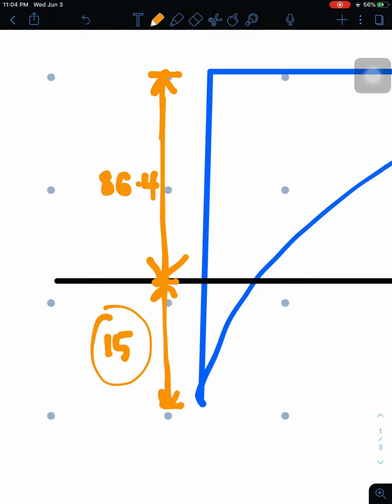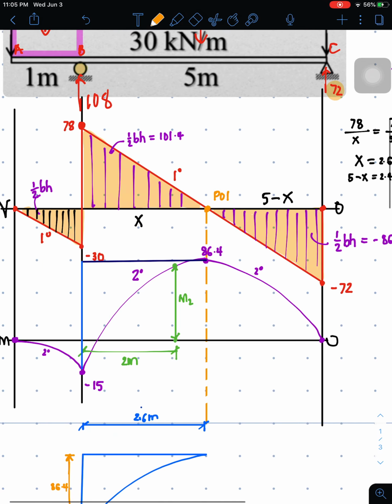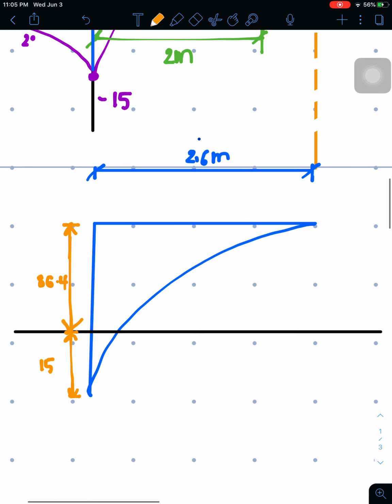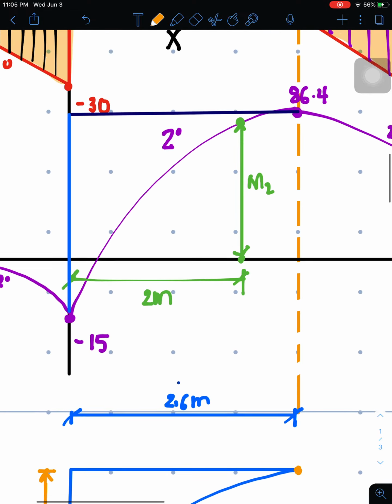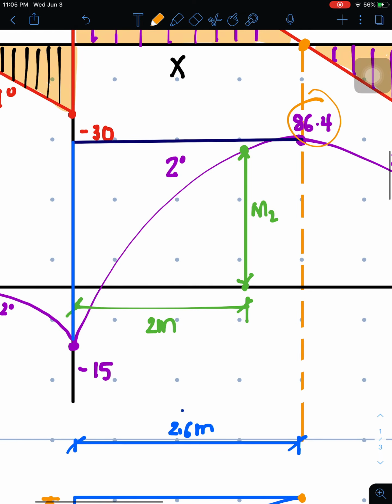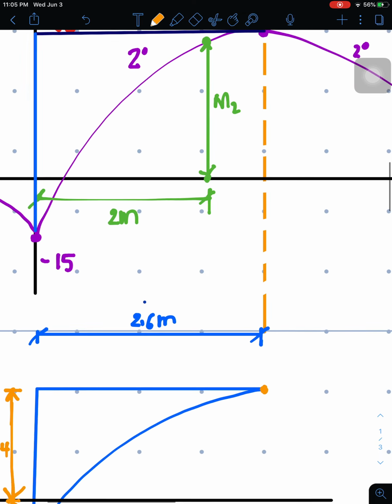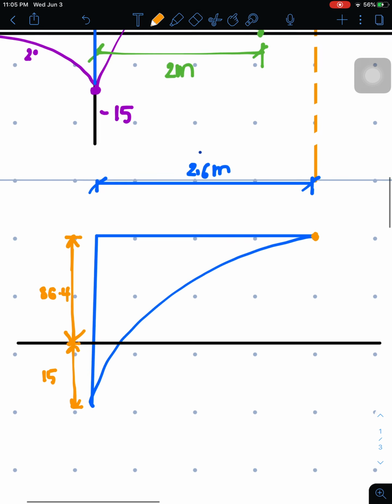If you add 15 and 86.4, it's the amount that you subtracted, 101.4. Of course, this is the tip of the spandrel. And according to the tip of the spandrel, up here, it's 86.4. I hope you didn't miss that portion.